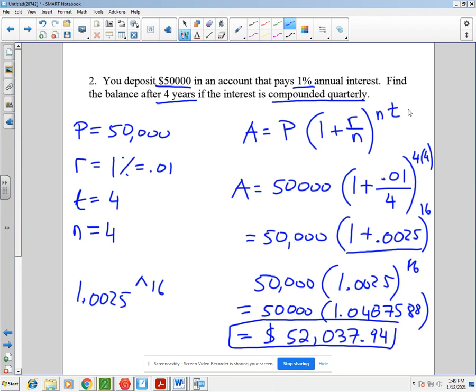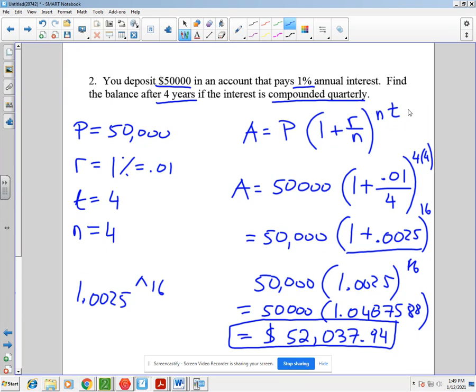Okay? So think about it. You invested 50,000, and at the end you ended up with 52,000 with change. Why so little interest? Again, very low interest rate, 1%, and also the time you invested is only 4 years.